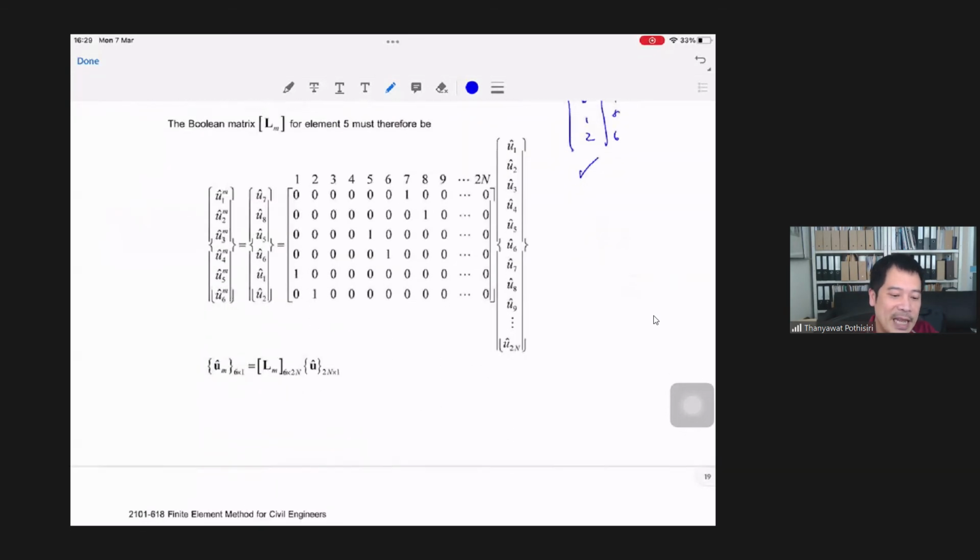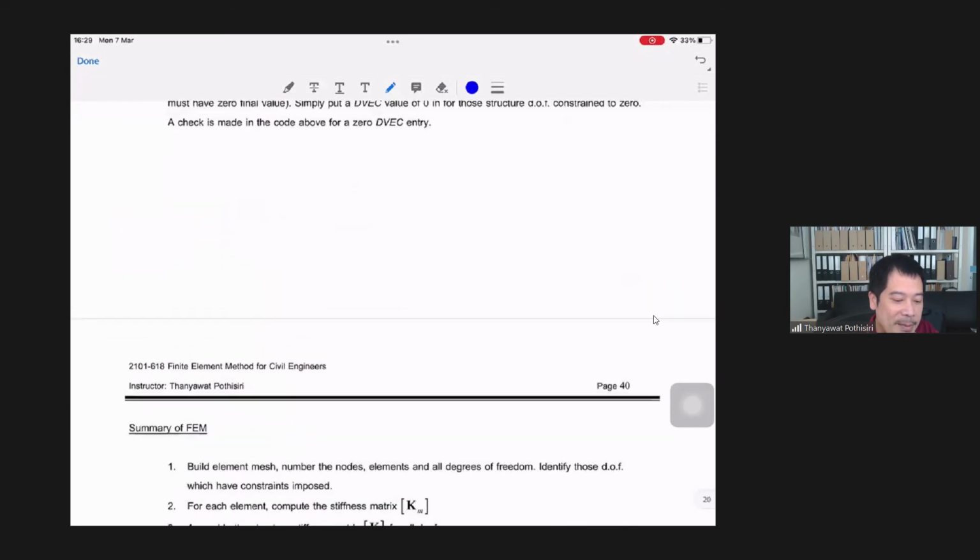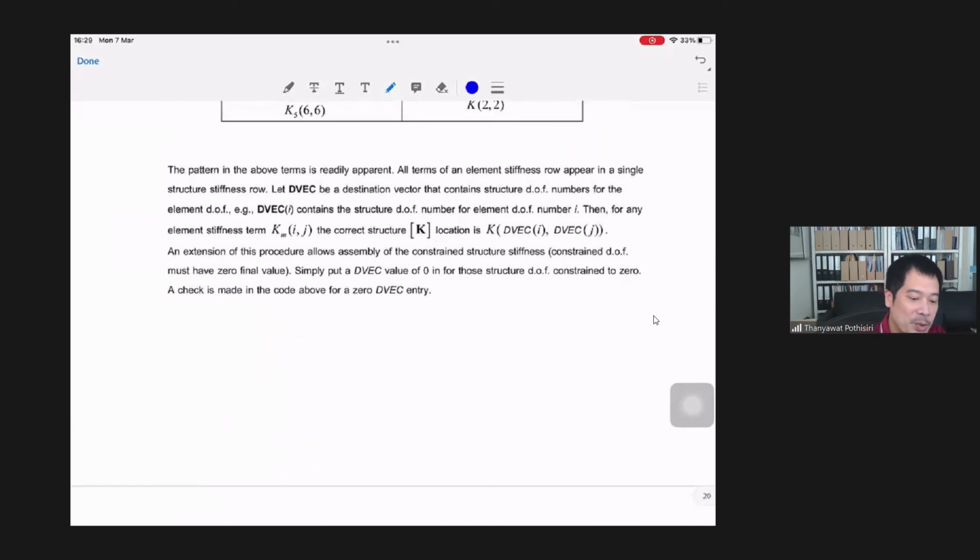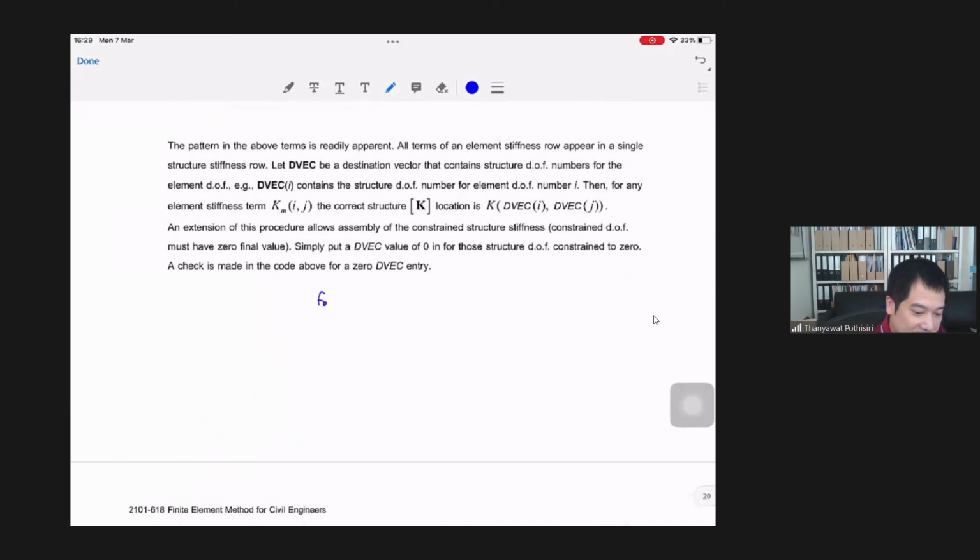So that means you must somehow be able to construct a loop for each element.